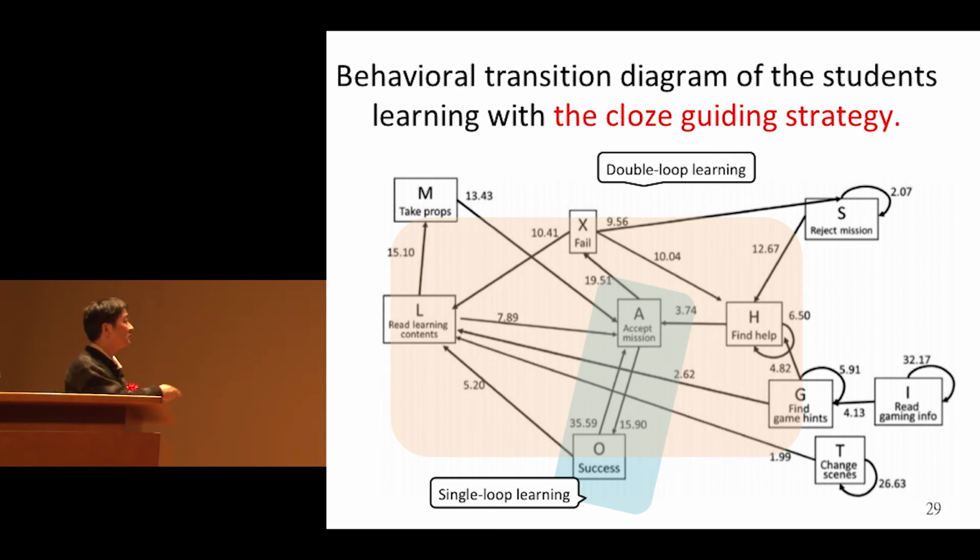As you can see from this very complex graph, after the student accepts a learning task, no matter whether they successfully answer the question or fail to answer it, they will try to read more learning content and then go back to accept another task or the same task. No matter whether they succeed or fail, they do this. So we call this double loop. They are learning in a double loop.